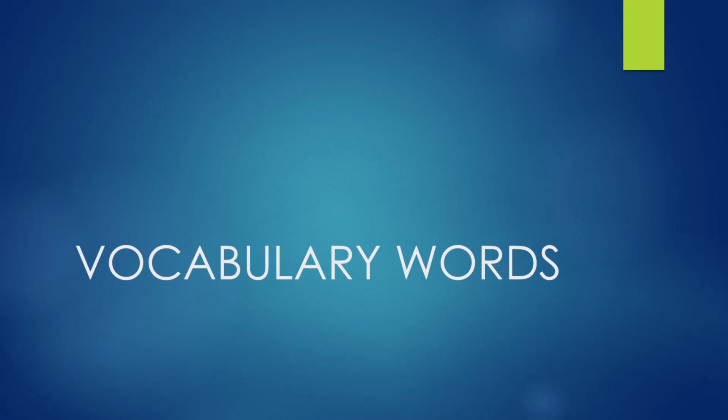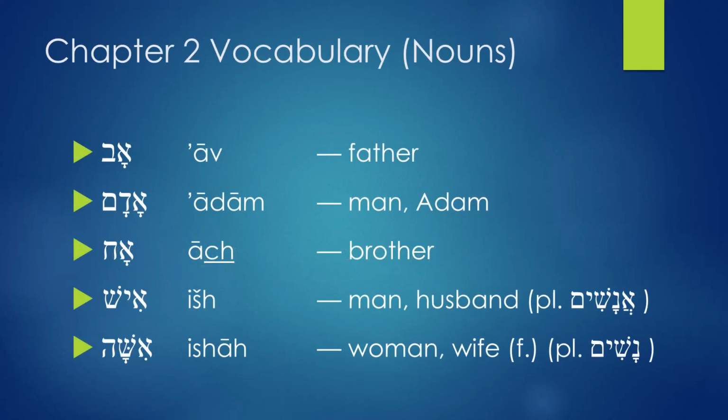And finally, let's look at the vocabulary words that you find in chapter 2. Here's a rule when you're learning Hebrew. At the end of each chapter, there will be some Hebrew words you must learn and know. You must learn these words because this allows you to start using Hebrew.